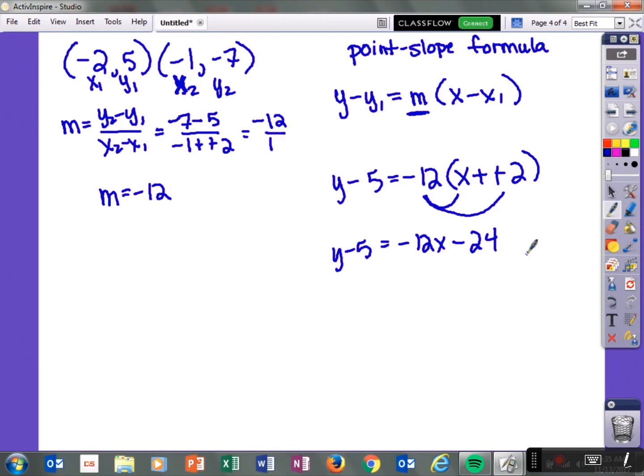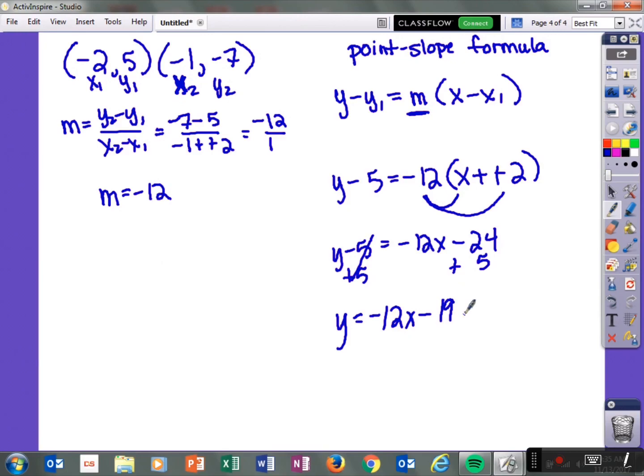What do I still have to do? Get the y by itself. What's keeping it? Plus 5. We have to add the 5. Can I add the 5 to the negative 12x? No, but can I add it to the negative 24? Yes. So y equals negative 12x. What is negative 24 plus 5? Negative 19. Now is it in slope-intercept form?